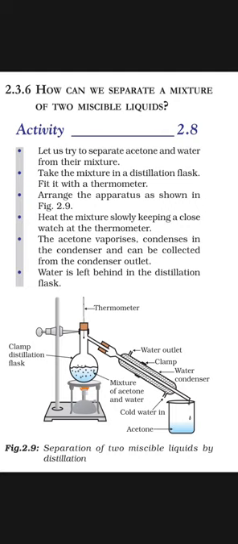Whatever vapors are there will be converted back into liquid form by cooling them, right? When you cool it, you can collect the acetone in a separate beaker. In this way we can separate the mixture of acetone and water. The water is left behind in the distillation flask, right?